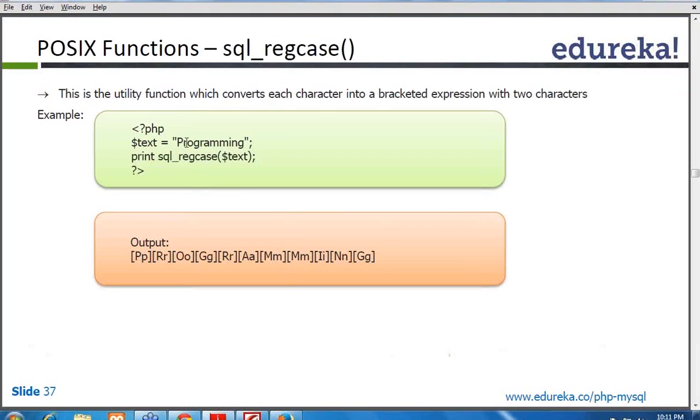Here each string P, R, O, G, R, A, everything will be converted to this output: P, P, R, R, O, O, G, G, meaning capital and small with brackets. So this is the only purpose of this function. It is used very rarely. It is used in cases where we want these kind of expressions in our project or in our portal. Otherwise, this is a very rarely used function.